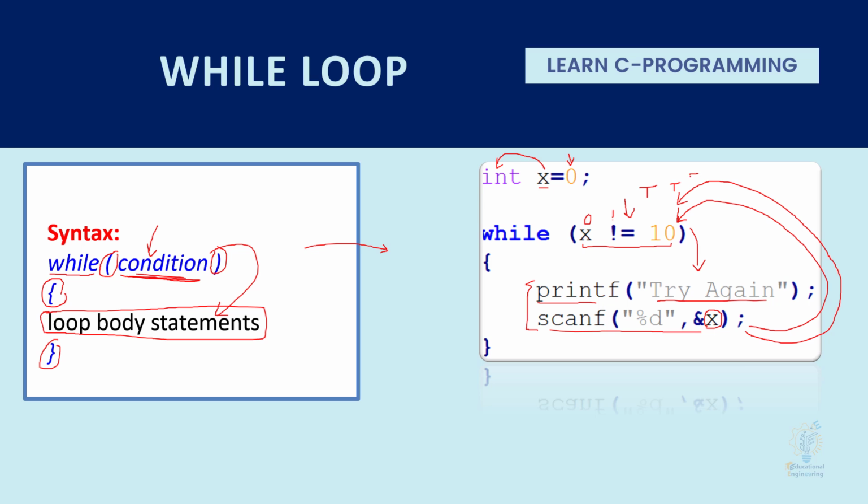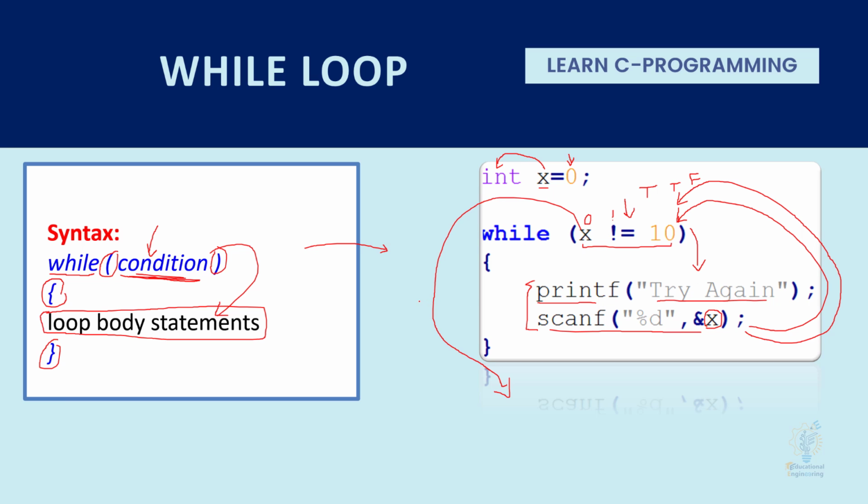So it will be a false condition, and once we have a false condition, it will go out of the loop to execute whatever is outside the loop. That's it. This is how easy it is to deal with the while loop. While the condition is true, keep executing the code inside the curly braces. Once the condition is false, get out of the while loop.